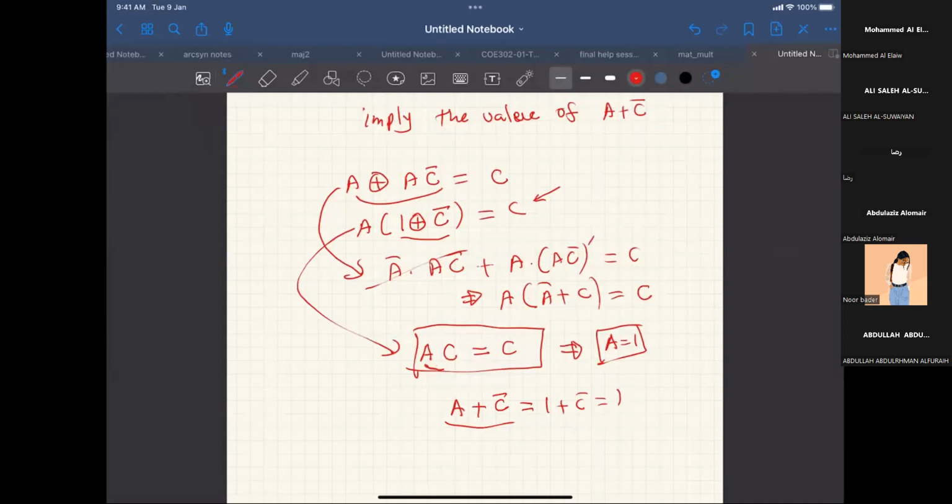Actually, here it says redraw the above circuit using only XOR gates and minimal number of inverters. So maybe it needs to say minimize the number of XORs, or using the minimum number of XOR gates.